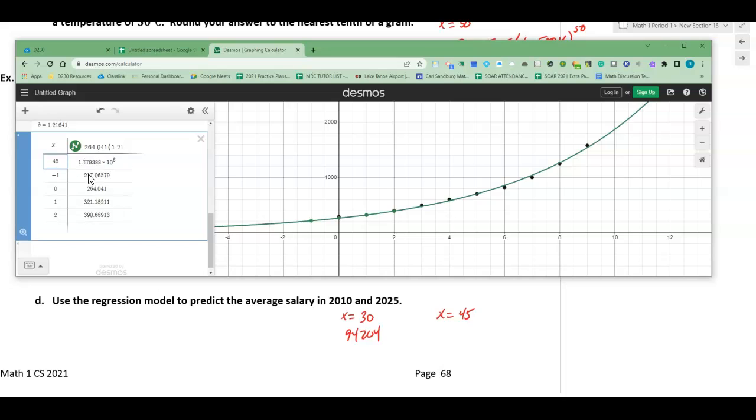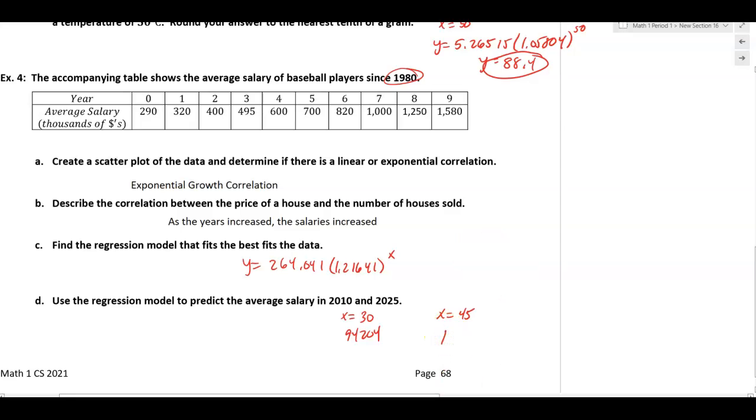And if I were to look at 45, you get a really big number also. In this case, it says 1.99, but that's obviously going to be a lot bigger.